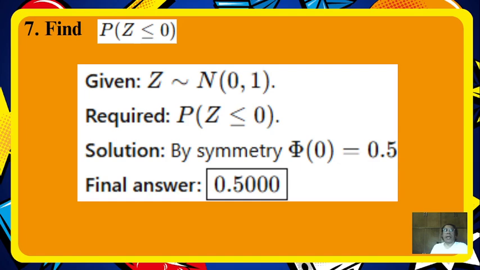Practice problem number 7. Find the probability that our Z is less than or equal to 0. So we are required to determine the probability. So by symmetry, the tau of 0 is 0.5. Final answer, 0.5.